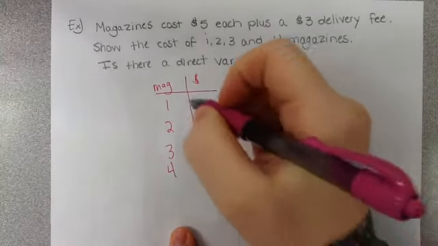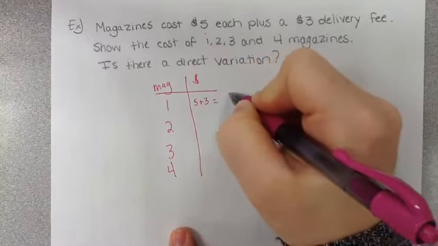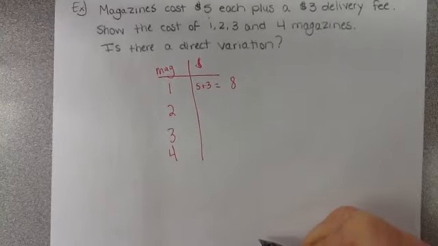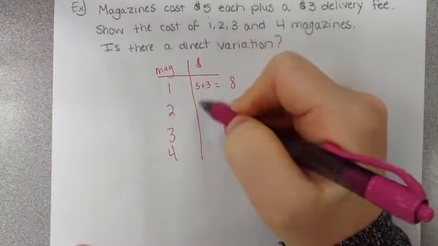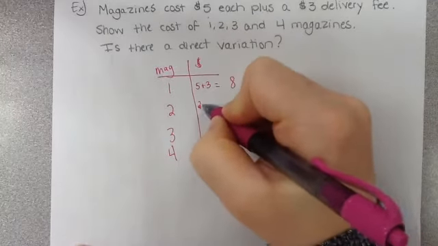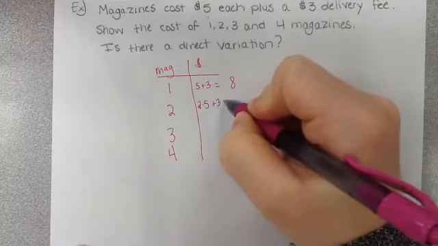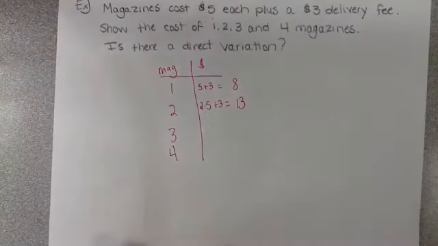So one magazine would be $5 plus the 3, and it's going to give us 8. How much would 2 magazines cost? Well, each magazine is 5, so 2 times 5 would be 10, plus the $3 delivery fee is 13. Find the value of 3 magazines and 4 magazines, and then decide if there's a direct variation.